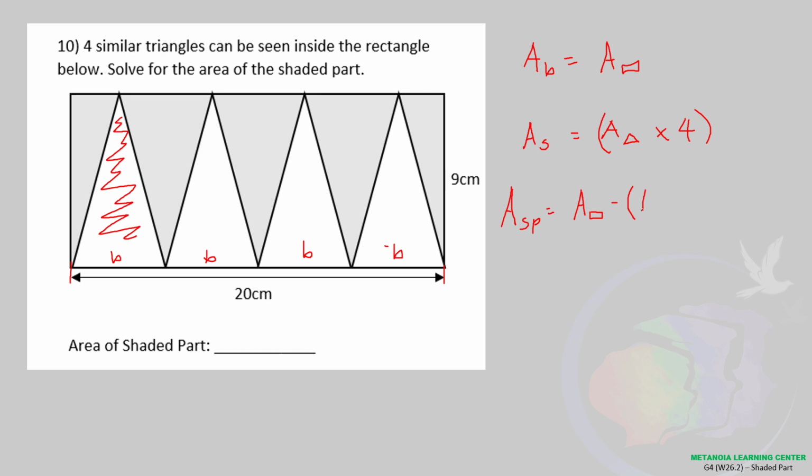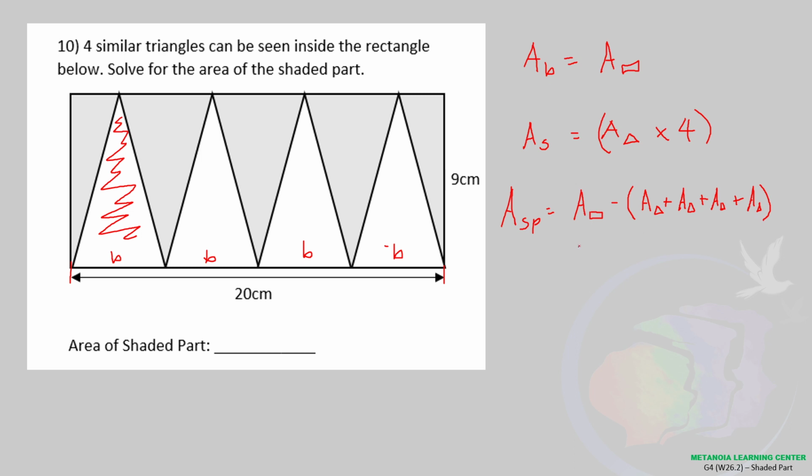In other words, you need the area of one triangle plus the area of the other triangle, since they are similar, right? Plus the area of the other triangle. And finally, the area of the final triangle, because there are only 4.